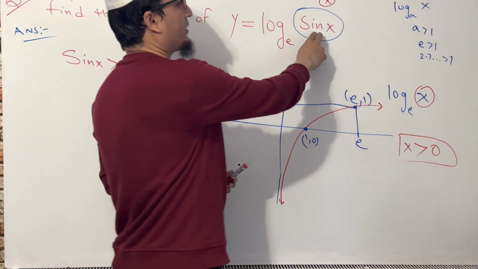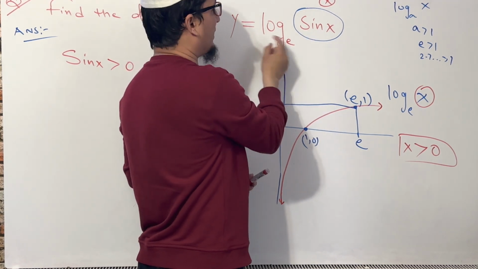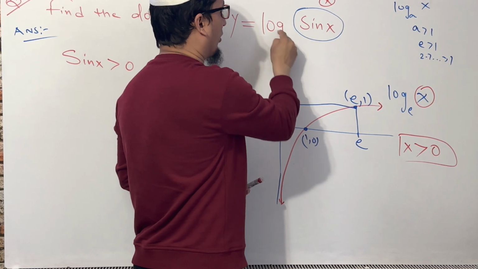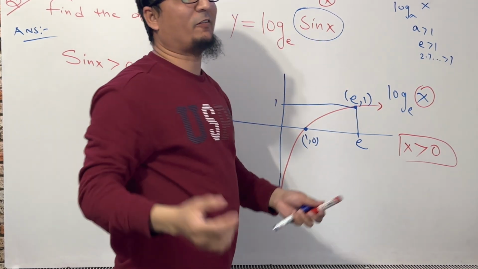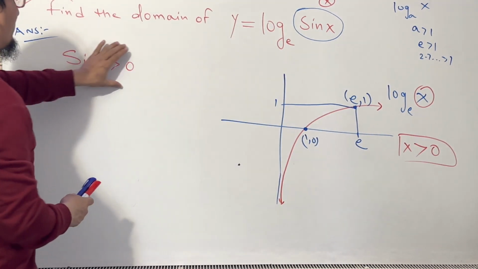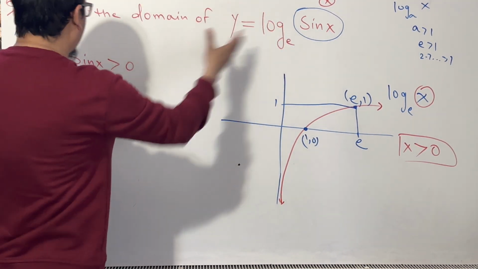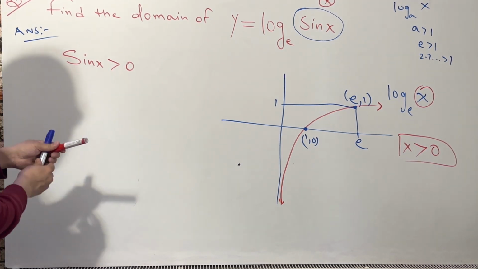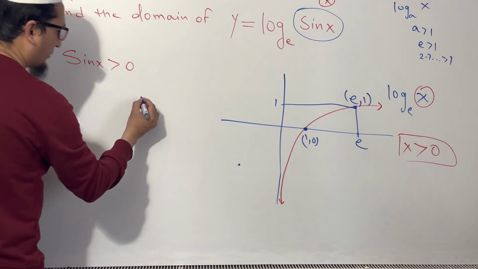If this is positive, it's so easy, like log e 1, log e 2, log e 3, log e 4, log e 5, and I can find the value of the log. So here sin x must be greater than 0. Now forget about this thing and just think about sin x positive. I told you the graph of sin x, right?